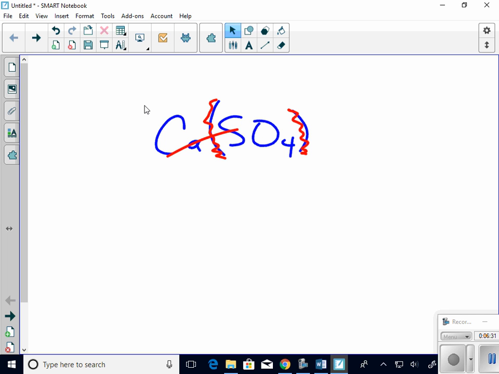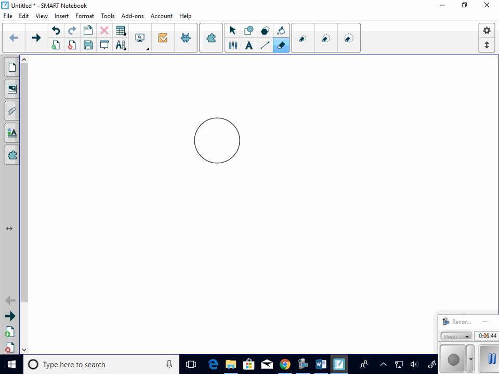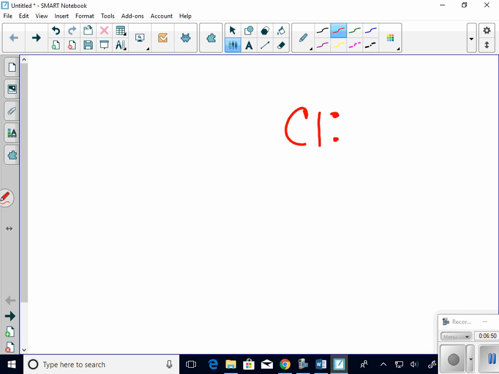All right? So after the parentheses, we started talking about ions. The example I used in the notes was fluorine. Today, what we're going to talk about is chlorine. Okay? I have chlorine right here, and we learned bonding.